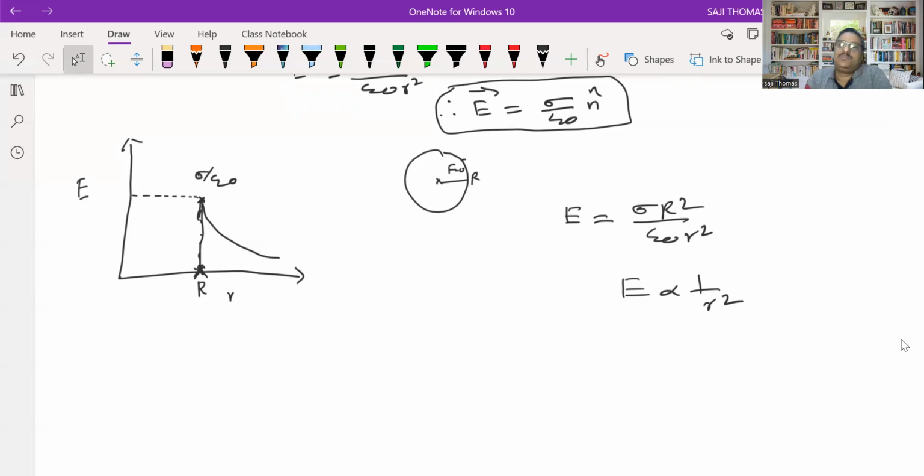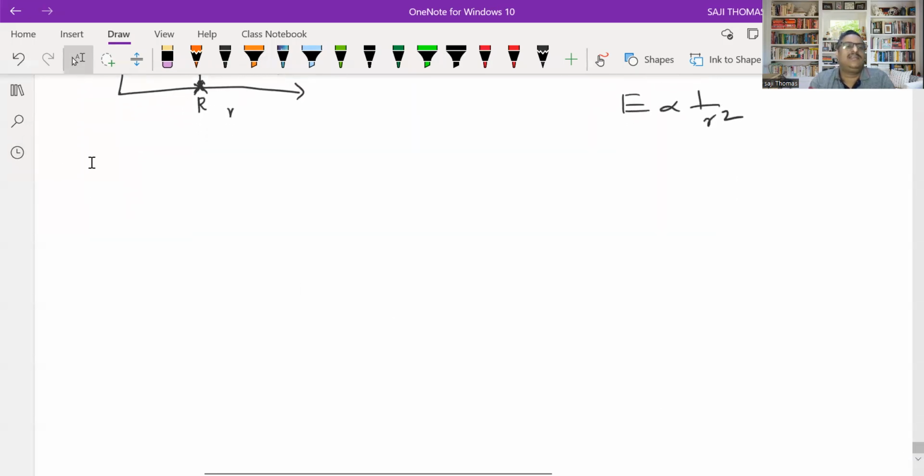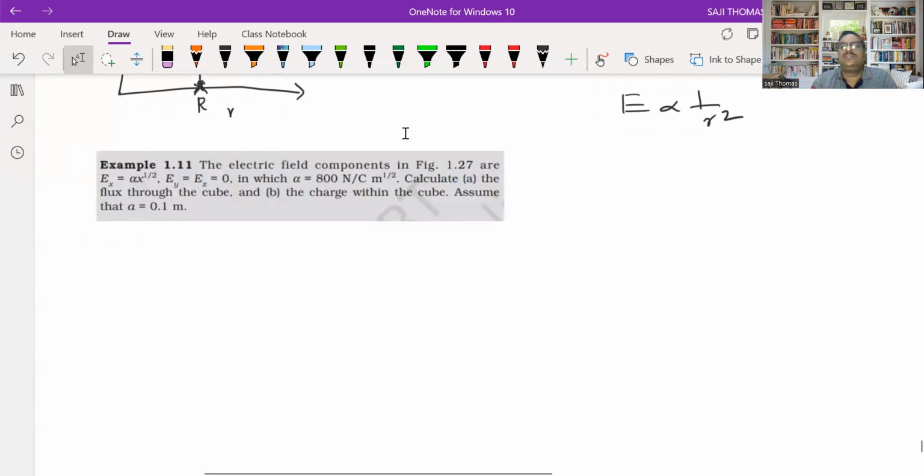Now we will do a textbook question based on this Gauss's theorem. This is the example question of your NCERT book. I will give the question. Let us solve this question.